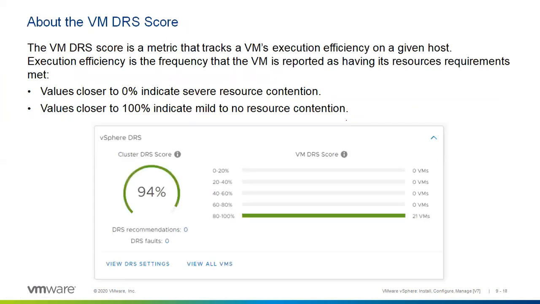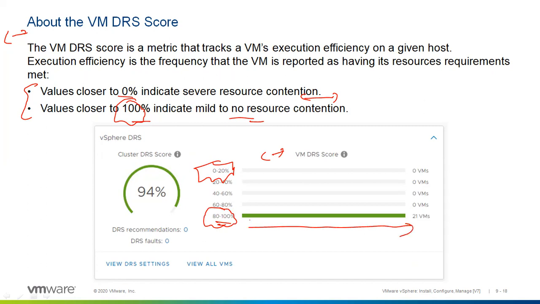Okay, so when we talk about the DRS score, when we enable DRS on a cluster, there will be two values, 0% and 100%. 0% indicates resource contention. Resource contention means, for example, that if we see the VM DRS score is lower, it means we are getting a resource crunch. If my score is near 100%, it means there is no resource contention. For a cluster, if we get 80% to 100%, it means my cluster is appropriately balanced.